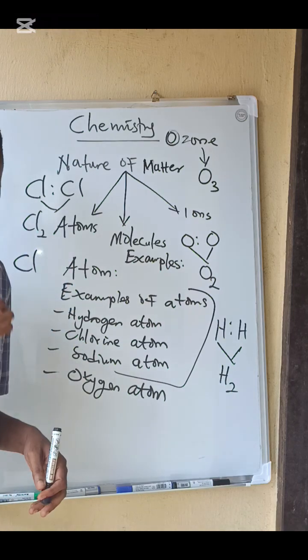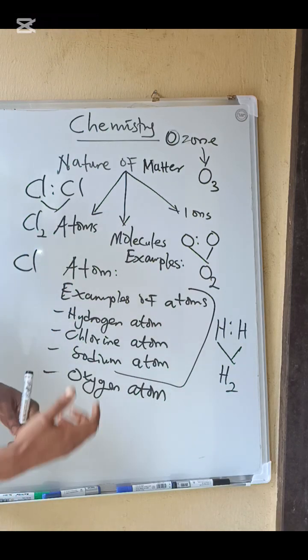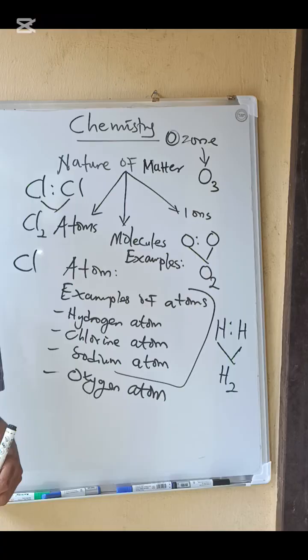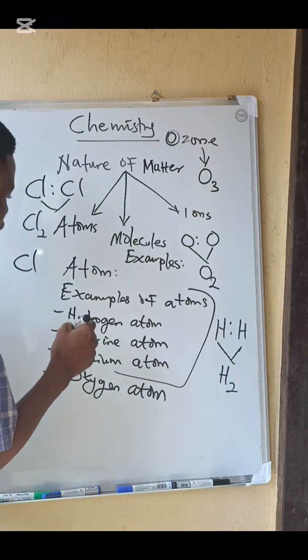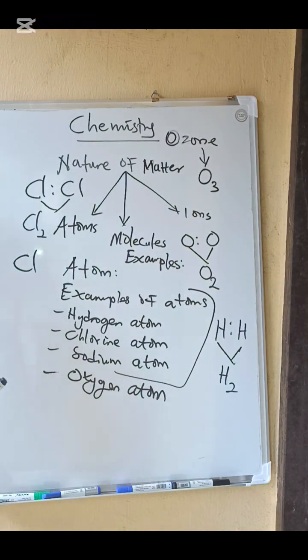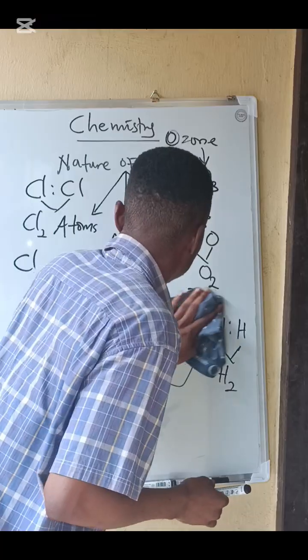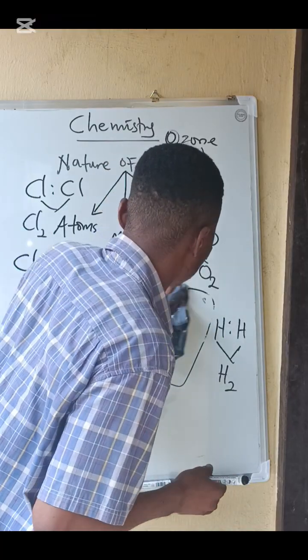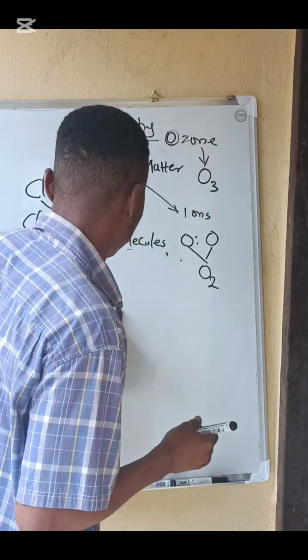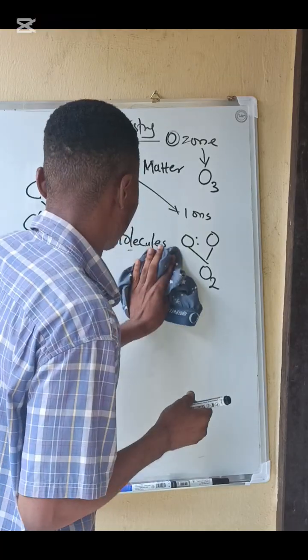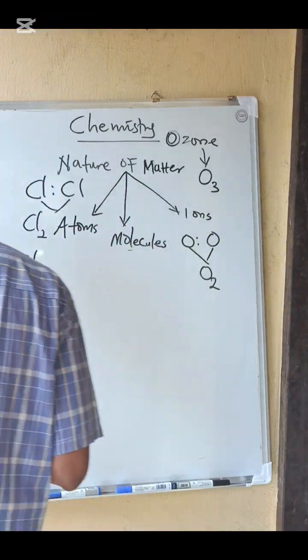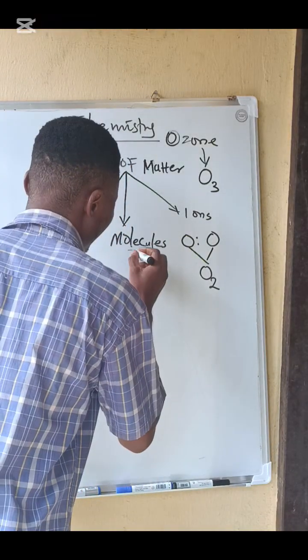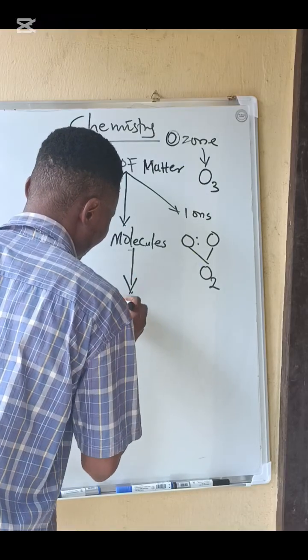Then the number of atoms present in each of these molecules of an element is called atomicity. Let me erase this. This molecule gives birth to atomicity.